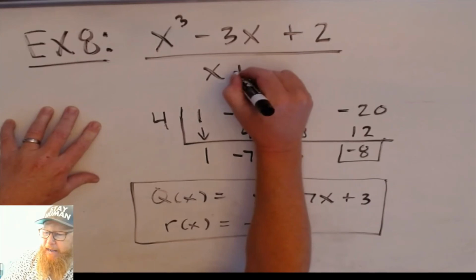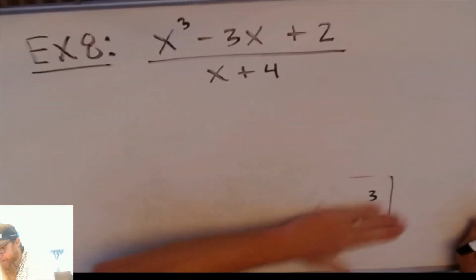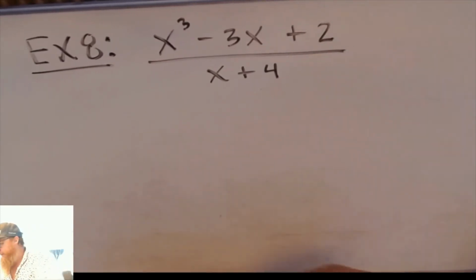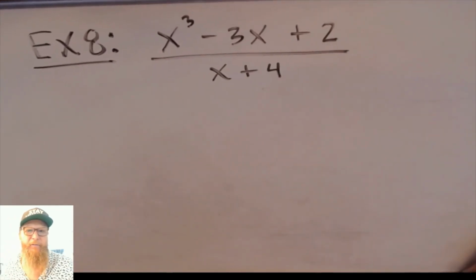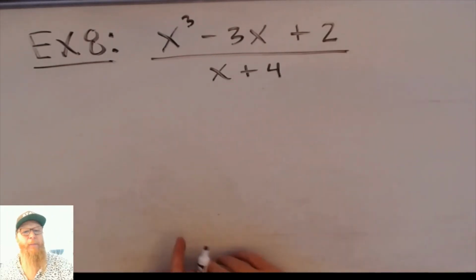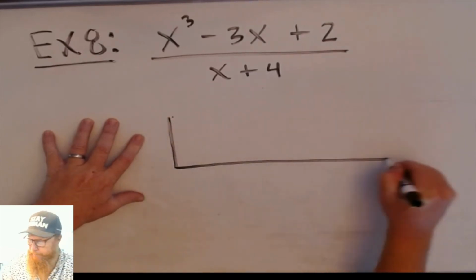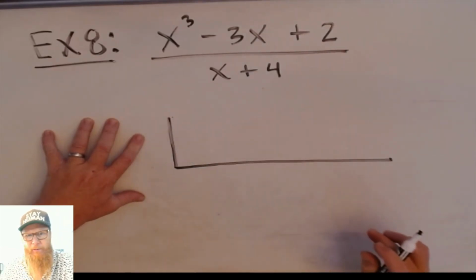Let's divide by x plus 4 this time. Nothing particularly special about 4, but it just seems like 4 is showing up quite a bit in this lesson. Is this 5.4? I think it is.